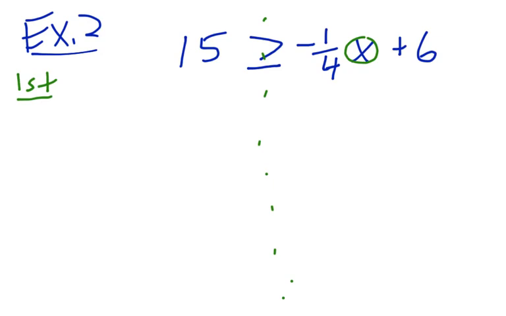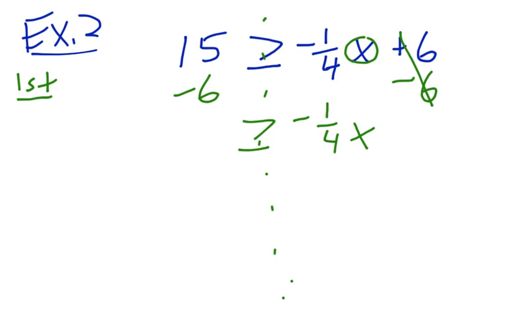I need to get rid of the negative 1/4 and the 6. Which one am I doing add and subtract with? The 6. So the inverse is minus 6. I'm going to cancel those out. I'm going to bring down my negative 1/4 x. I'm going to bring down my greater than or equal to sign, and then 15 minus 6 gives me 9.